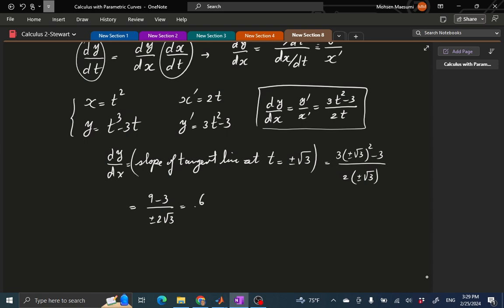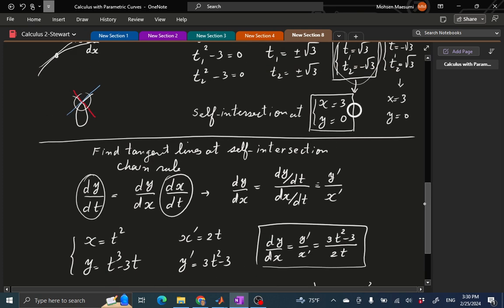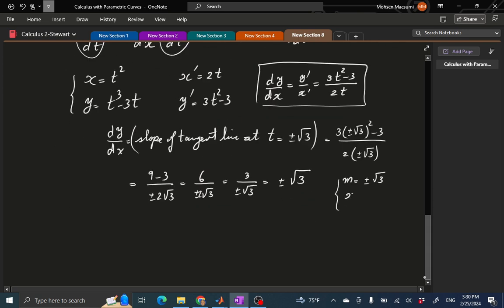That becomes 6 over plus or minus 2 radical 3, which is 3 divided by this number, and out comes again plus or minus radical 3. By coincidence we got this, so that is our final value. Slope is plus or minus radical 3. What are the coordinates? We said the intersection point is x is 3 and y is 0.